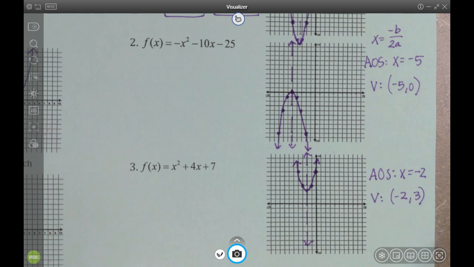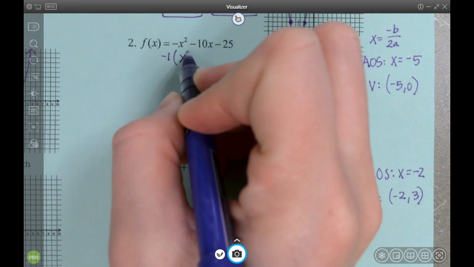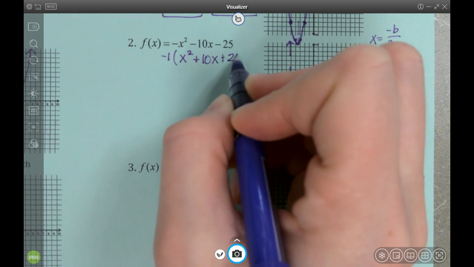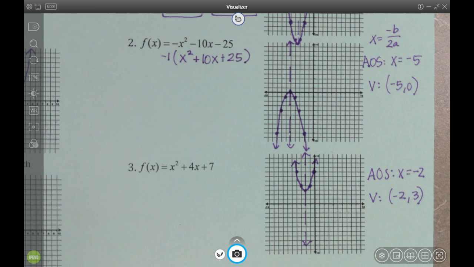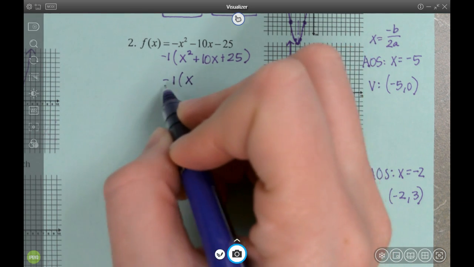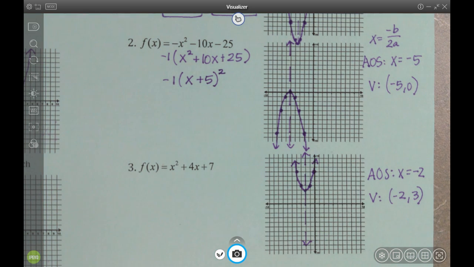Okay, but somebody I heard factored this one. You factor out a -1, you get x squared plus 10x plus 25. And then factors of 25 that add to give you 10. 5 and 5. So this factors -1 times x plus 5 squared.